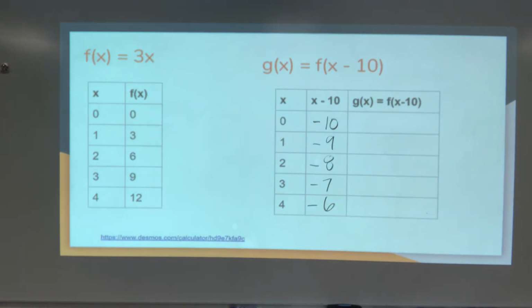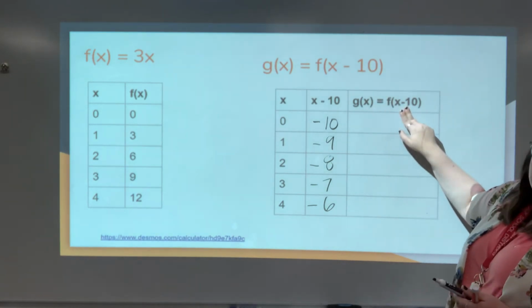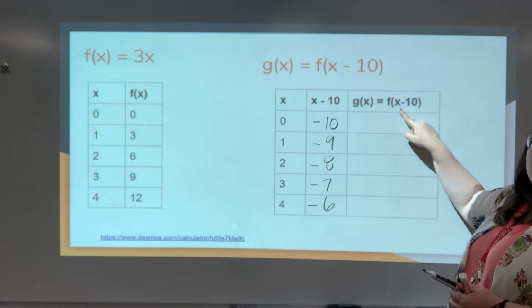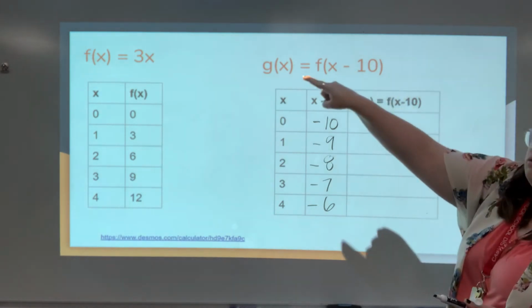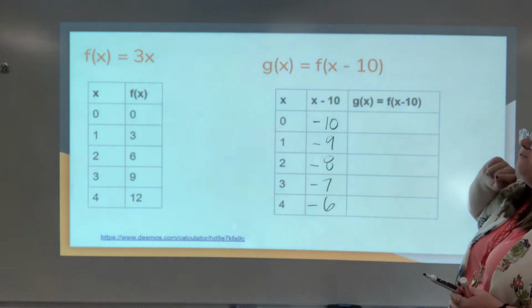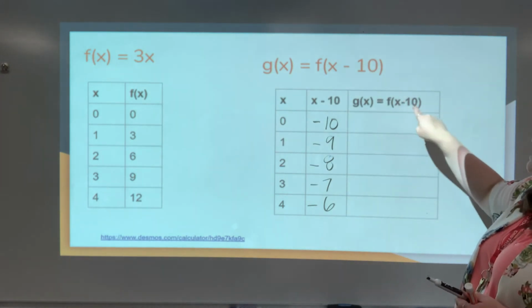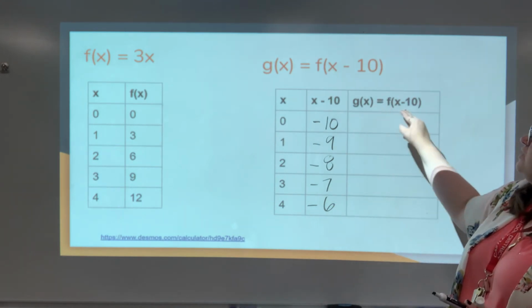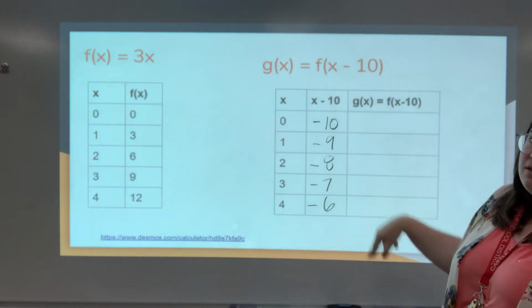And then g of x says, all right, fantastic. You've taken your input, you've minus 10 from it. Now I want you to apply the function. Apply the multiply by 3 function, all right? So I've minus 10 for my input, done. Now g of x says, just multiply everything by 3 now.